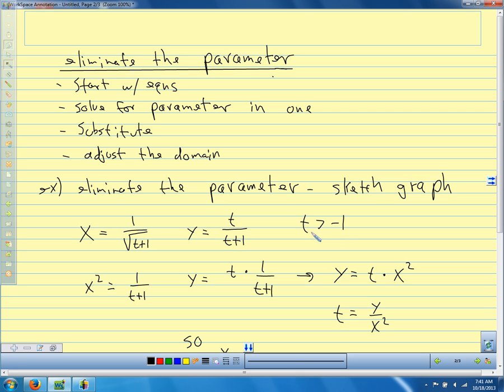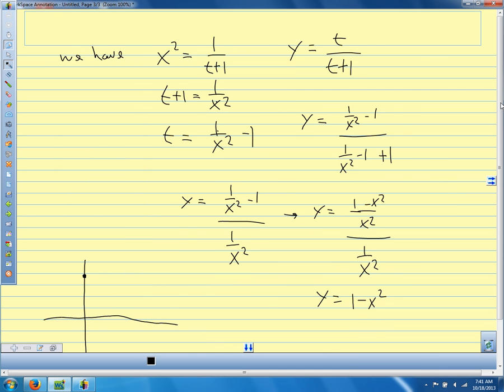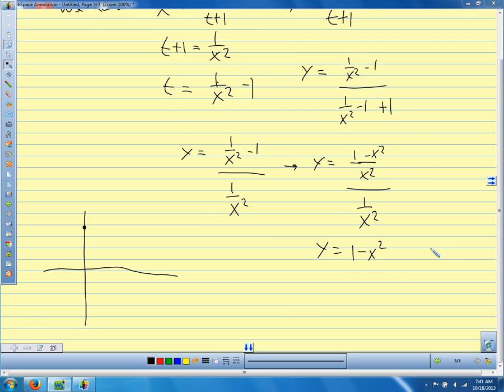Let's think about it. When t is negative 0.9999999, x equals 0, essentially. So x has to be greater than 0. If t is greater than negative 1, x is greater than 0. So that's why we had to adjust our domain.